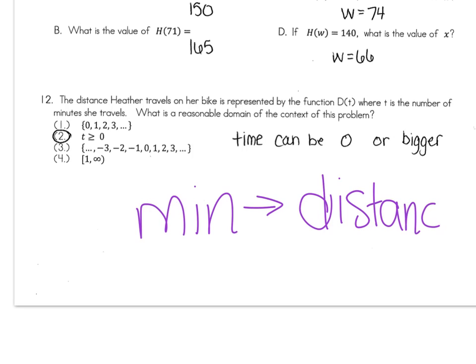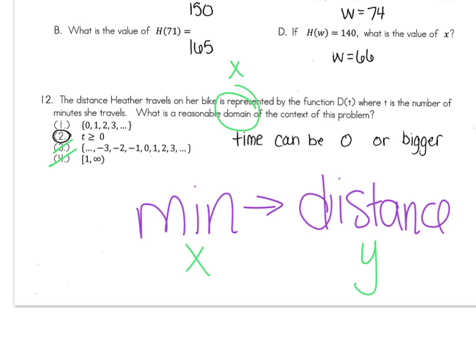So we input minutes, that's our x, and get out distance, that's our y. They're asking us what domain makes sense. So what would make sense for the number of minutes? Well, we don't want negative minutes. We can certainly have 0 minutes. That just means that she wouldn't have traveled anywhere.